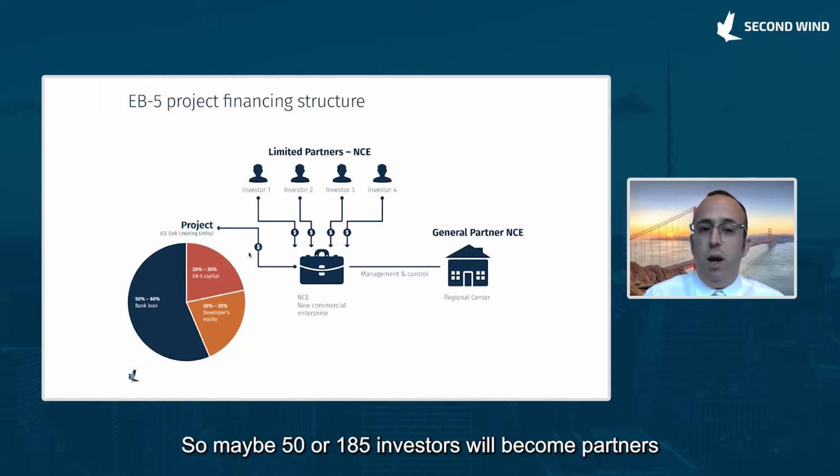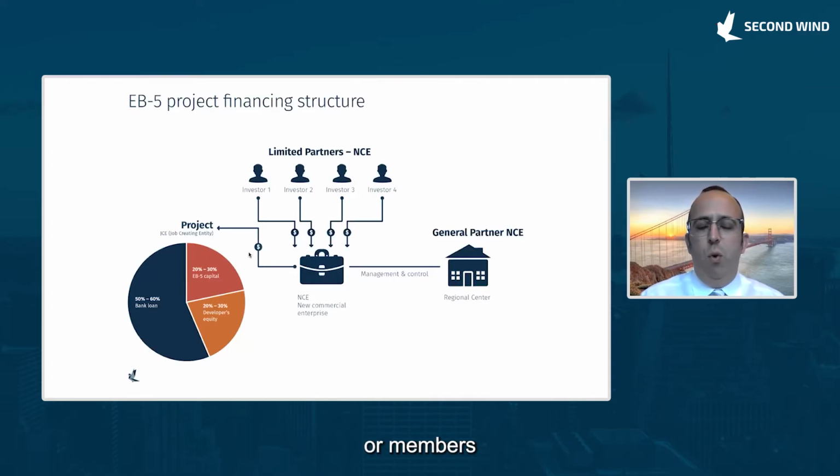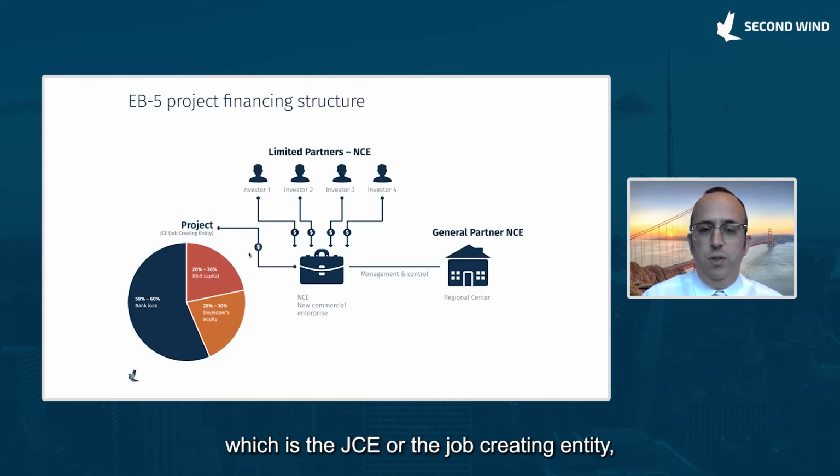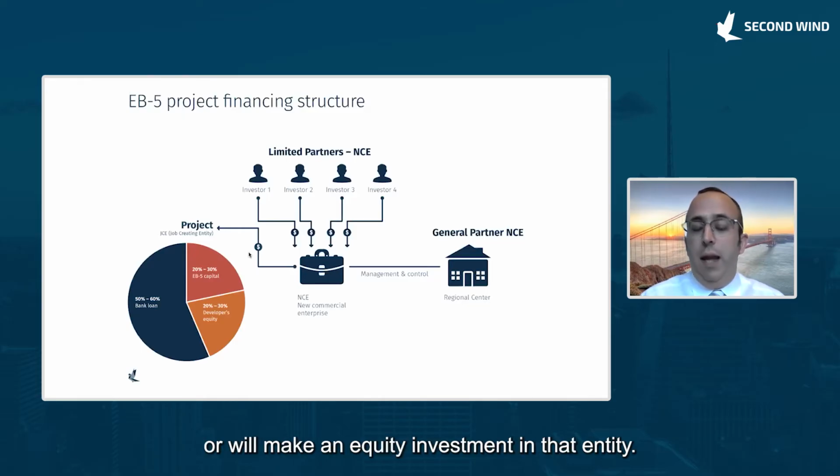So maybe 50 or 100 EB-5 investors will become partners or members of this new commercial enterprise, this special purpose entity. And then that entity will either loan the funds from those investors to the developer, which is the JCE, or the job creating entity, or make an equity investment in that entity.